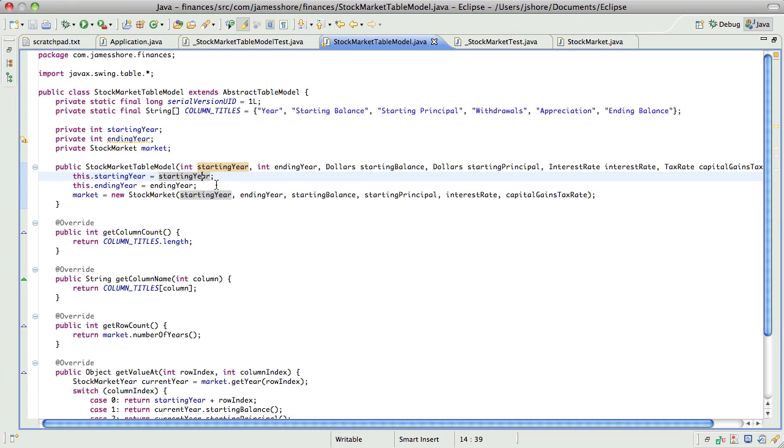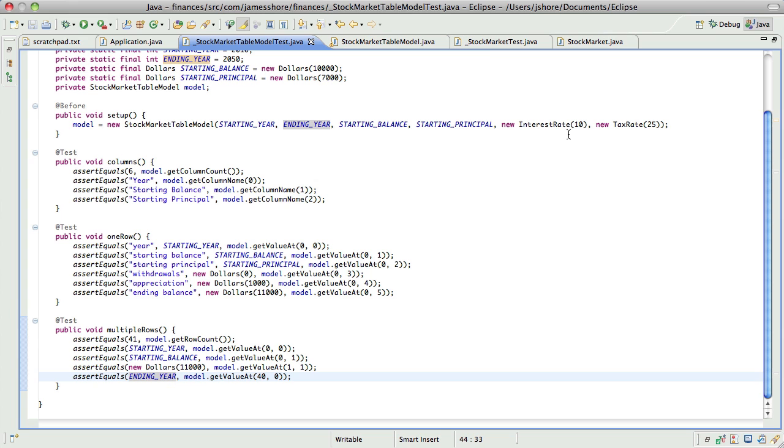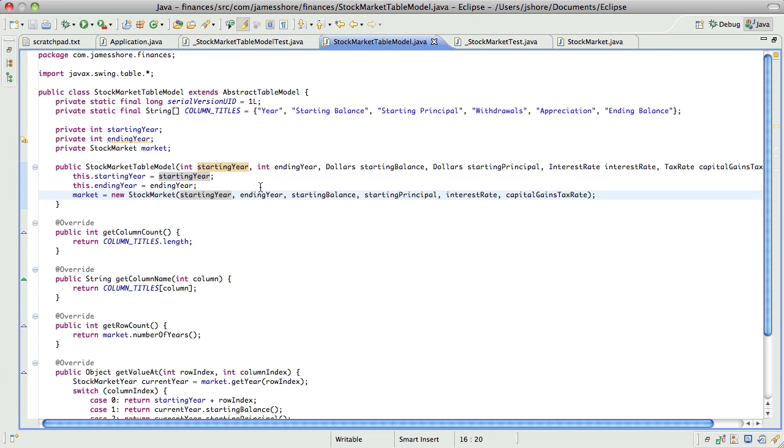Now, I think what I'd like to do is actually pass in the stock market rather than constructing it.